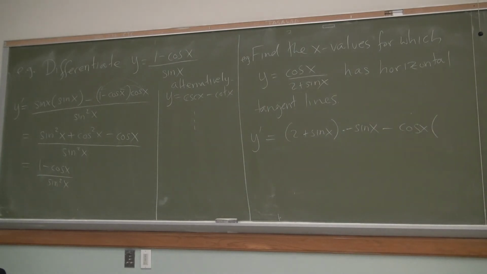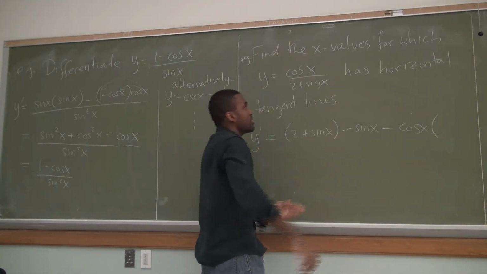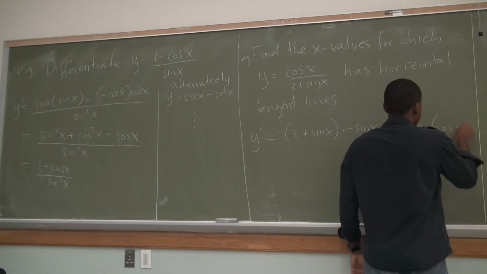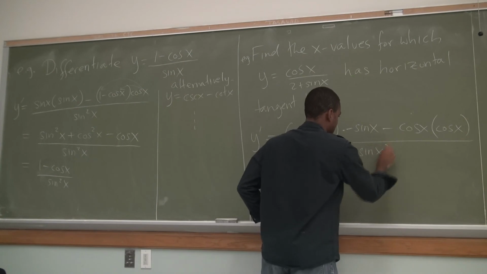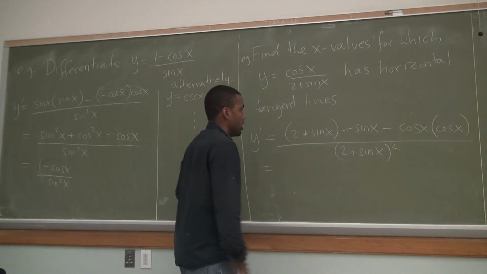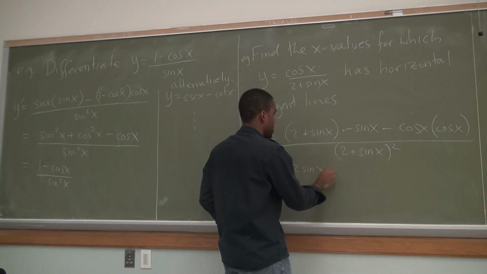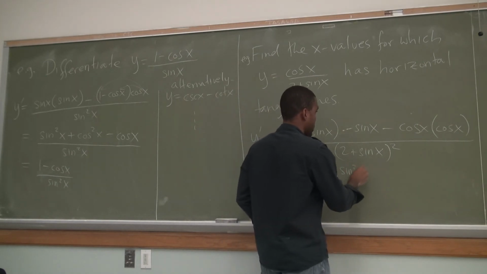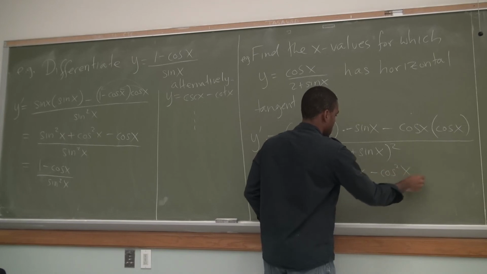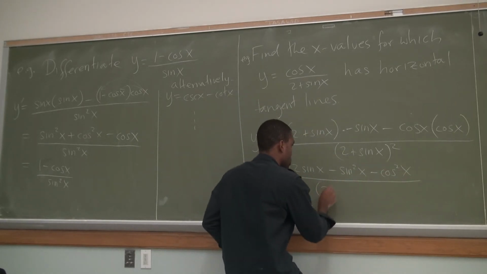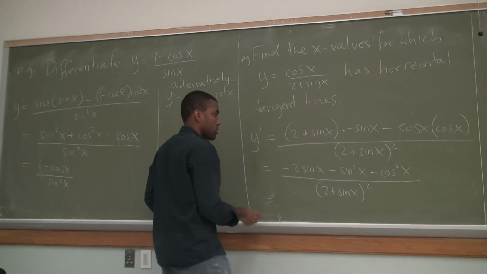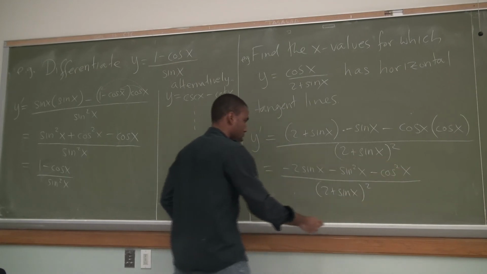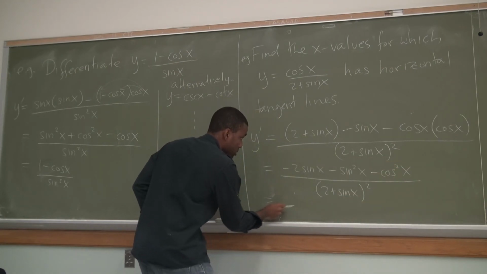Cosine, right away, over the bottom squared. So this would be minus 2 sine x minus sine squared x minus cosine squared x over 2 plus sine x squared. Sine squared plus cosine squared is 1, so this is actually minus 1.